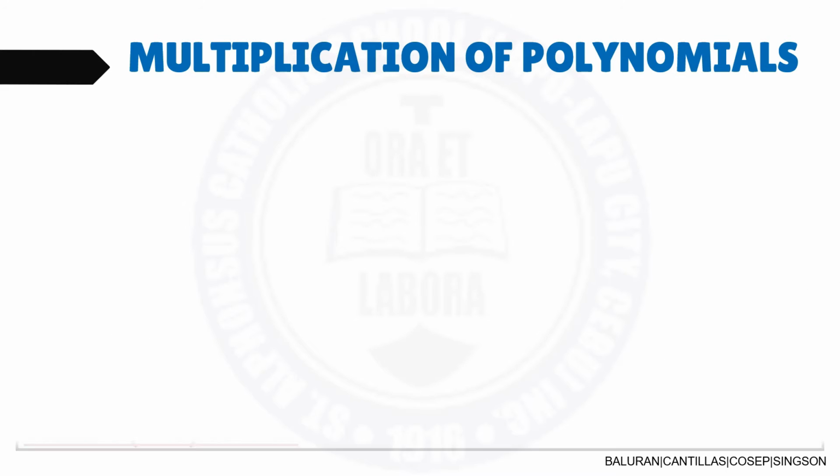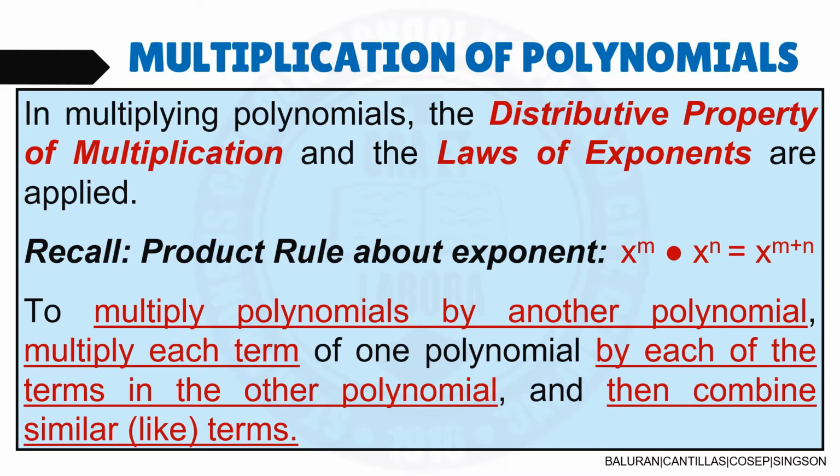Multiplication of polynomials. In multiplying polynomials, the distributive property of multiplication and the laws of exponents are applied. First, we need to recall the product rule about exponents, which states that x raised to m times x raised to n is equal to x raised to the sum of m and n.